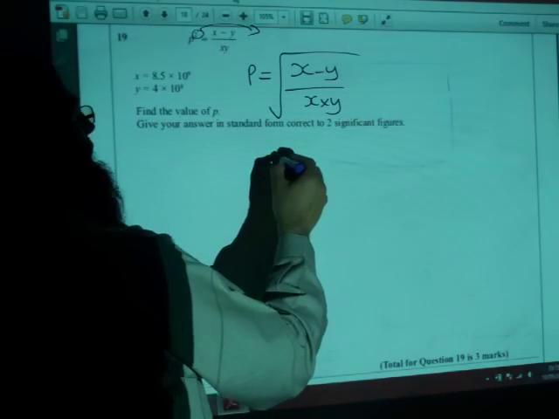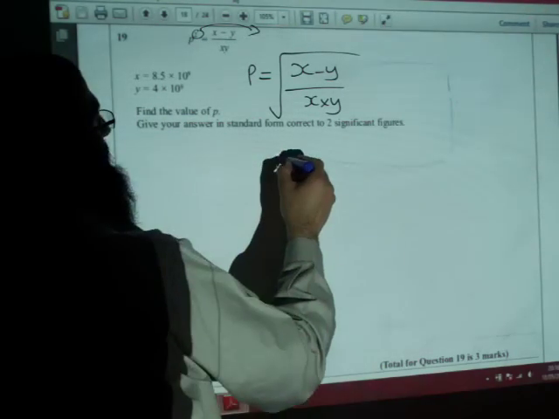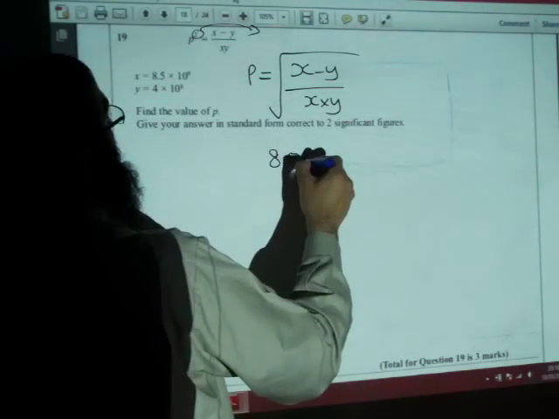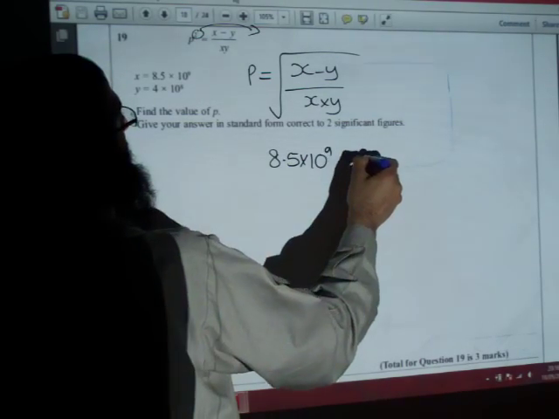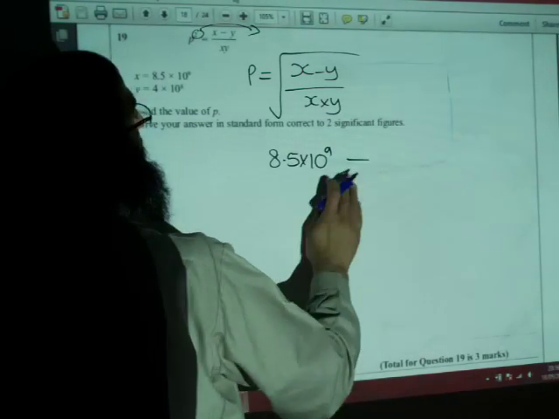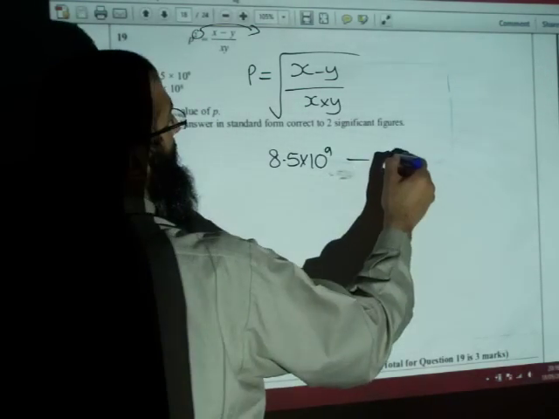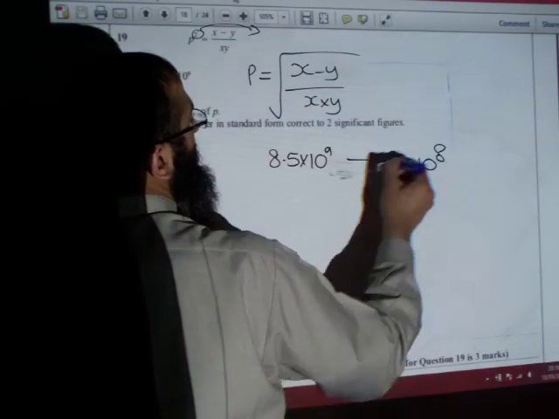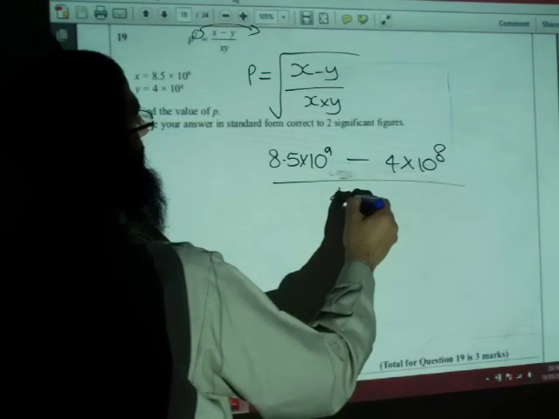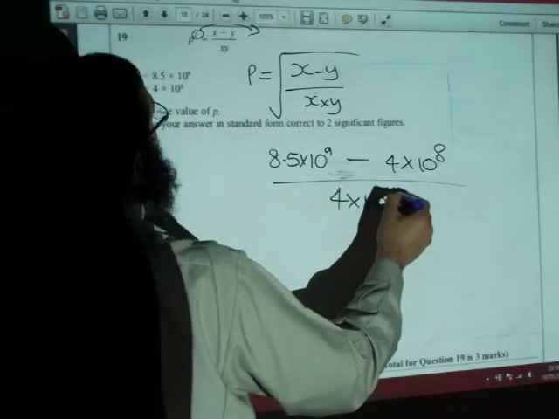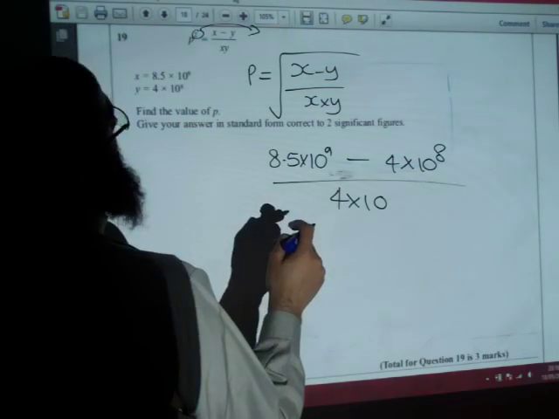In the calculator, use the fraction button first, then 8.5 times 10 to the 9, minus the y value, and then we divide it by xy again.